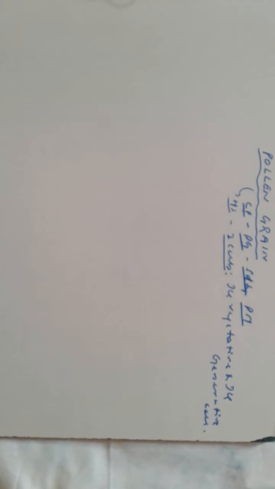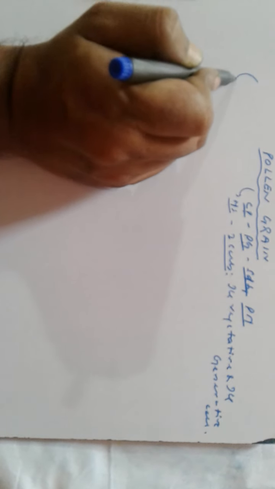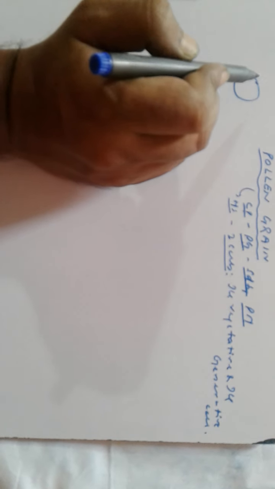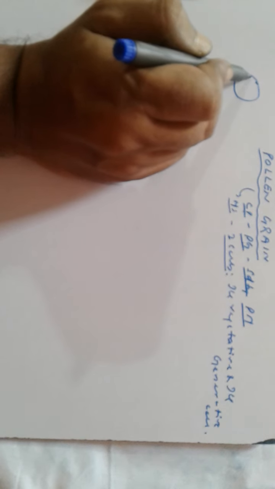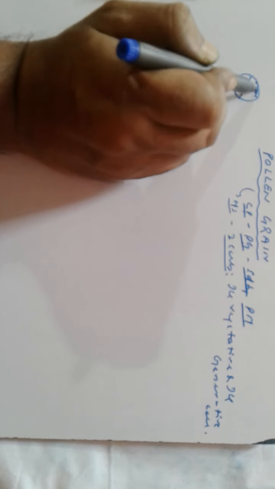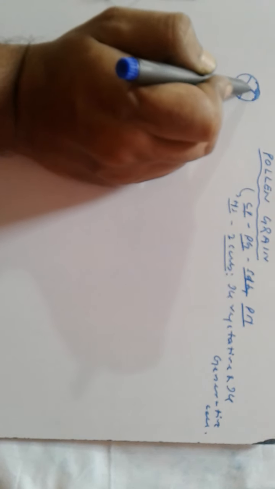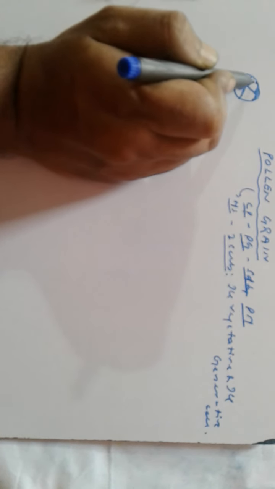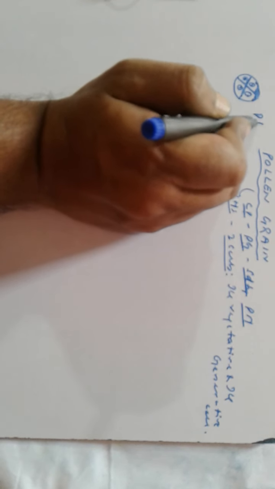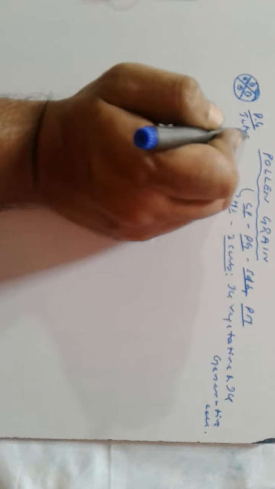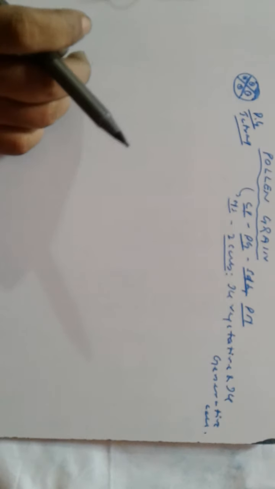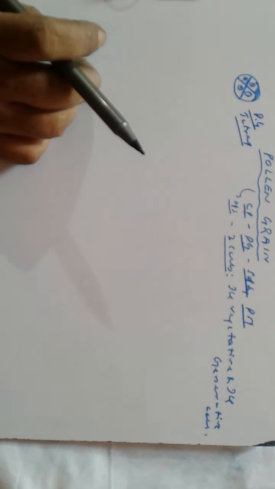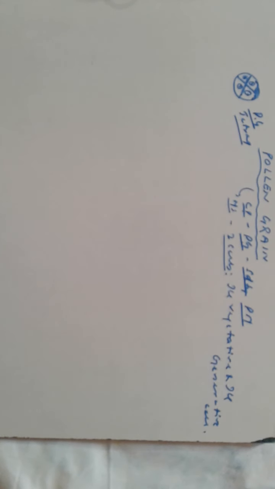Let us have a look at some figures. First of all, let us draw the figure of a pollen grain tetrad. So what happens? The microspore matures into the pollen grain.